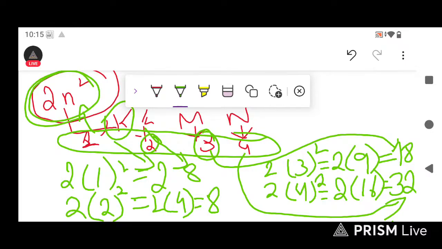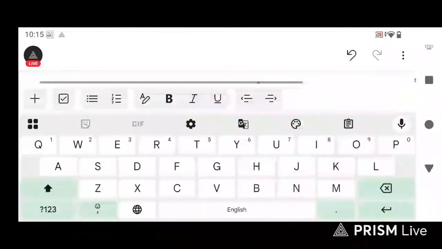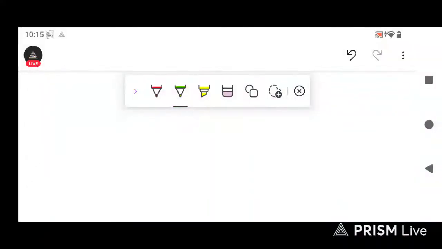Okay, now move towards the subshells. Here, K shell, L shell, M shell, and N shell.